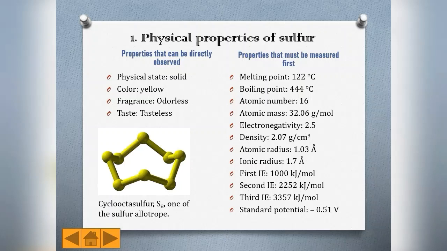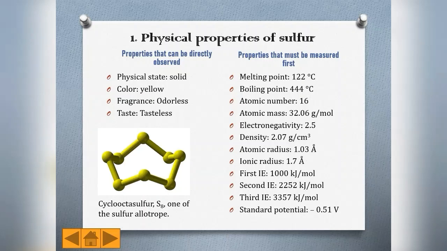Properties that must be measured first: melting point is 122 degrees Celsius, boiling point 444 degrees Celsius, atomic number is 16, atomic mass is 32.06 gram per mole, electronegativity is 2.5, density is 2.07 gram per cubic centimeter, atomic radius is 1.03 angstrom, ionic radius is 1.7 angstrom.